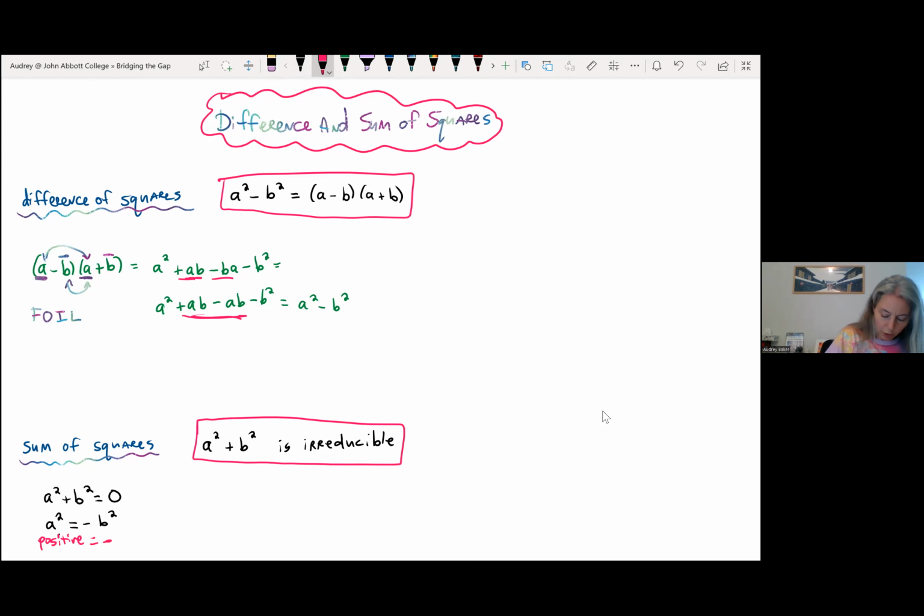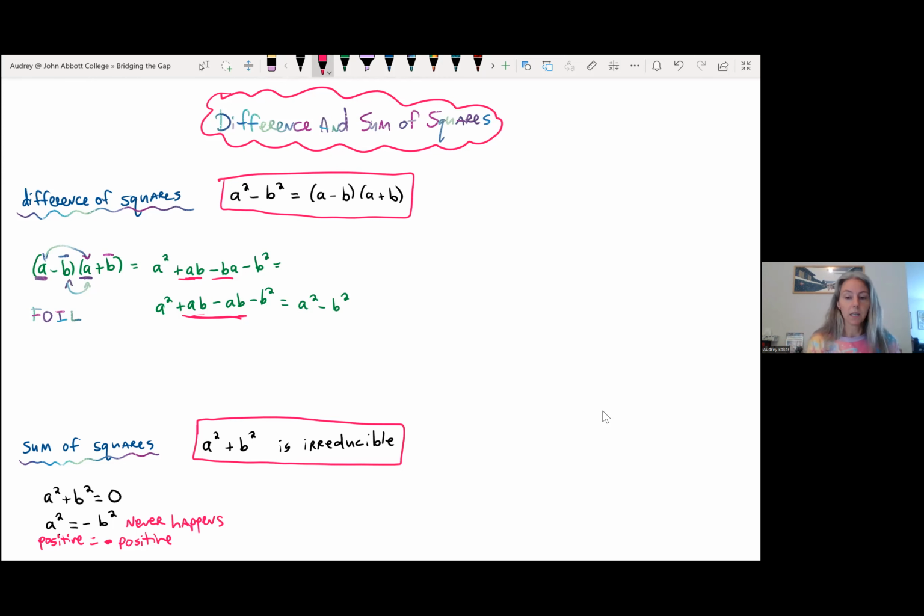So for this to be true, I would have to have a positive value equal to a negative value, and that just never happens. Unless, of course, both a and b are 0, and then we don't really have a thing.